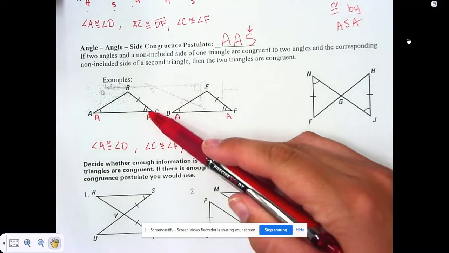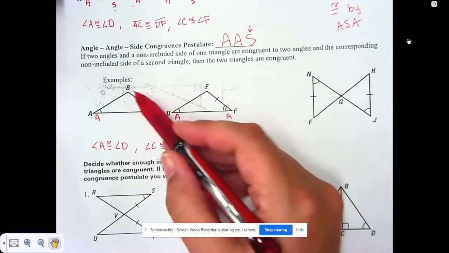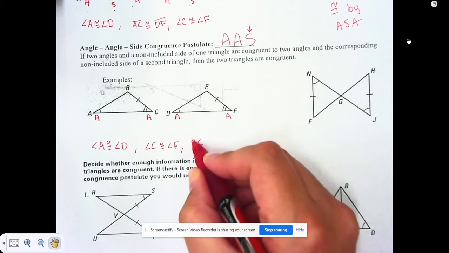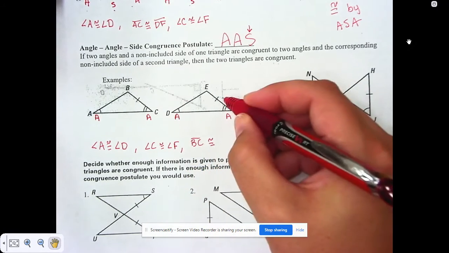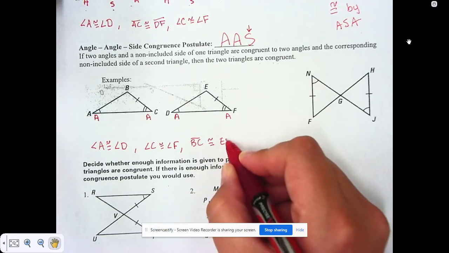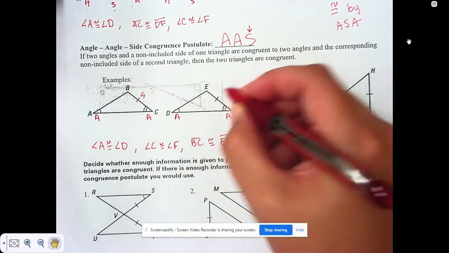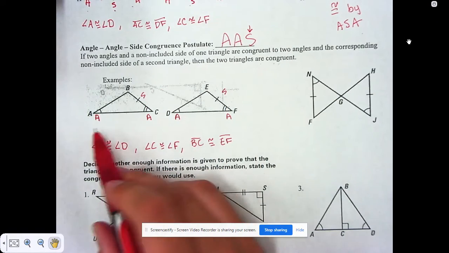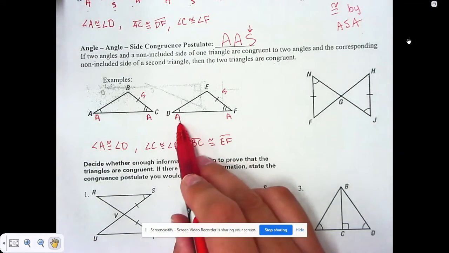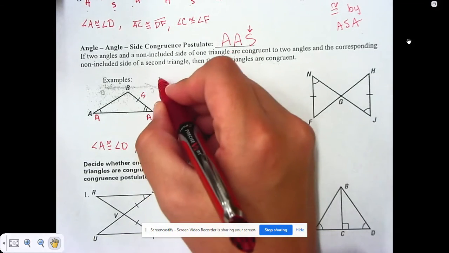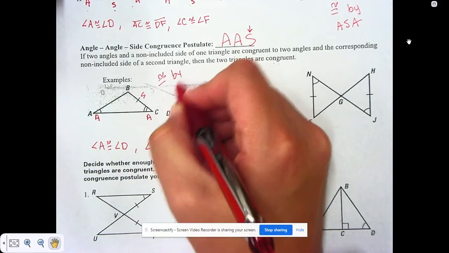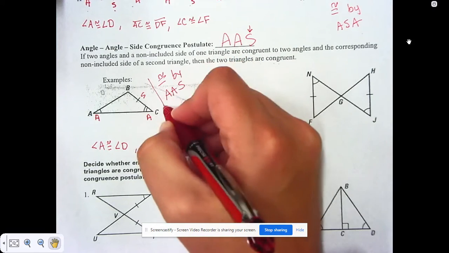It's the side that follows. So we have BC is congruent to EF. That would represent my side. I'm putting this up here. So we have angle, angle, side, angle, angle, side. Same pattern in both. So this is congruent by angle, angle, side.